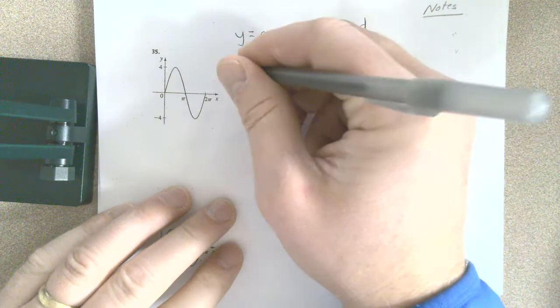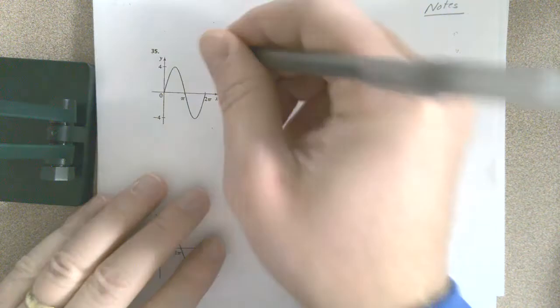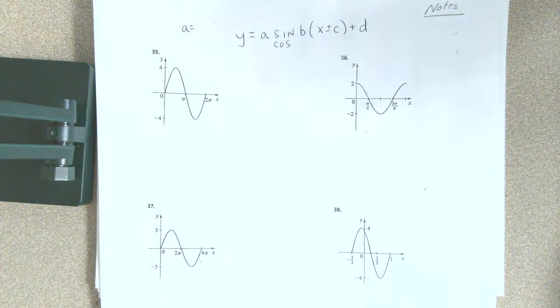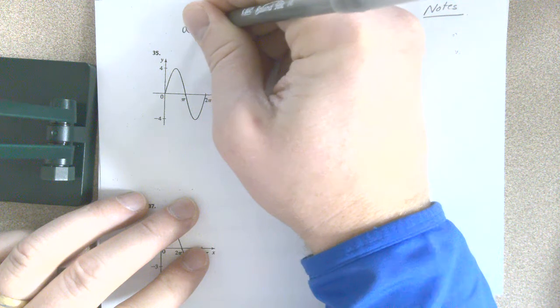As we go through the process here, what I would suggest is to identify your different values. So let's start with finding a. What would a be in this first picture? Everybody agree a is 4?